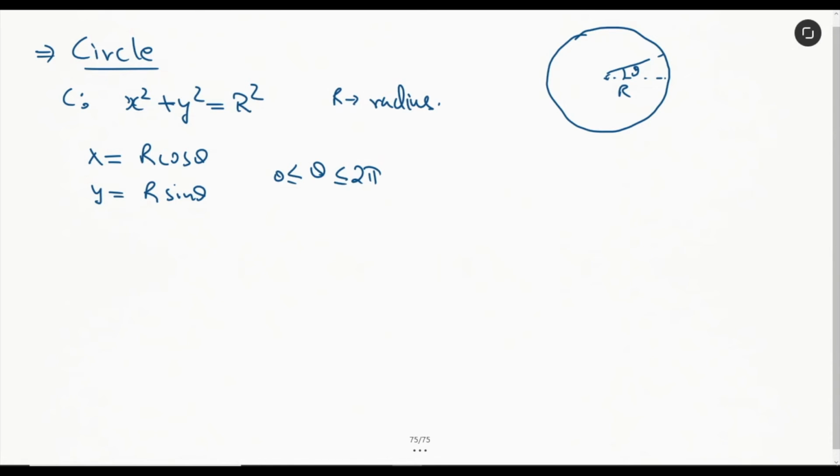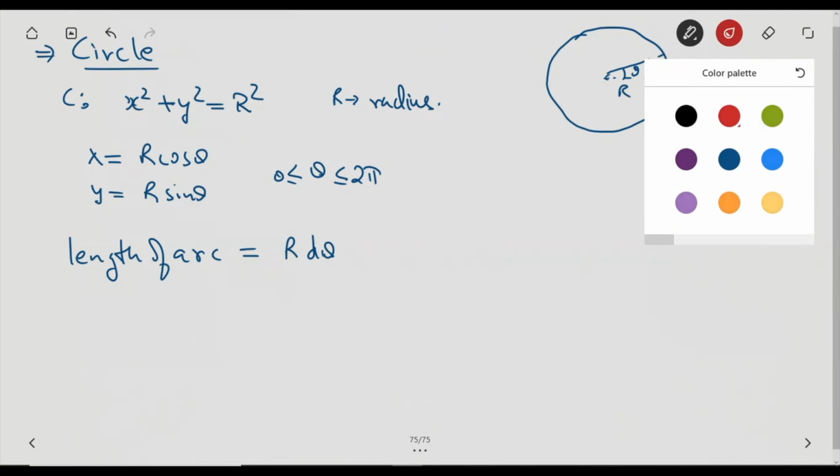And what if we need the length of the curve or length of the arc? It is going to be r d theta. Let's say we are coming for a smaller part.